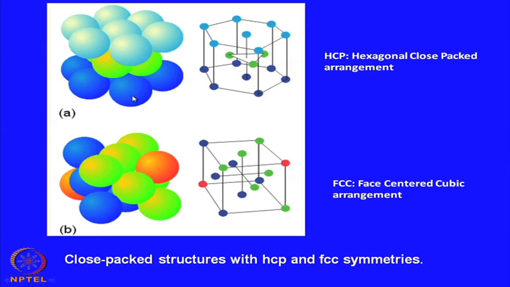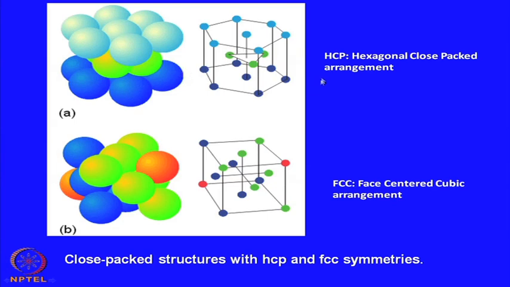In a stacking arrangement, as if the whole space is being filled up with atoms arranged in a particular manner, if we stack one layer after the other, then this is an A layer, this is a B layer, and this is again an A layer, equivalent to the bottom layer.